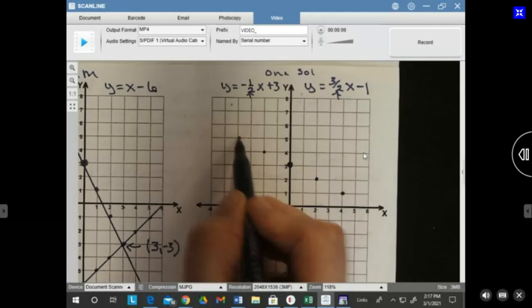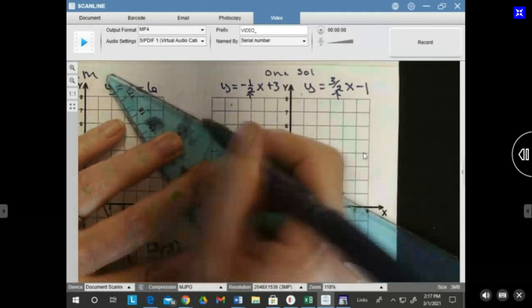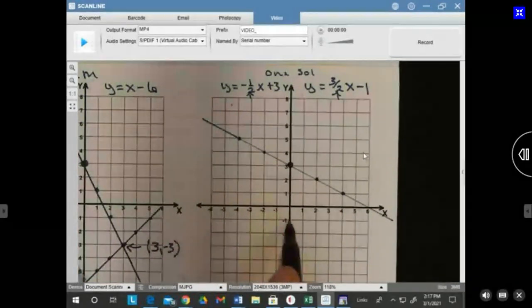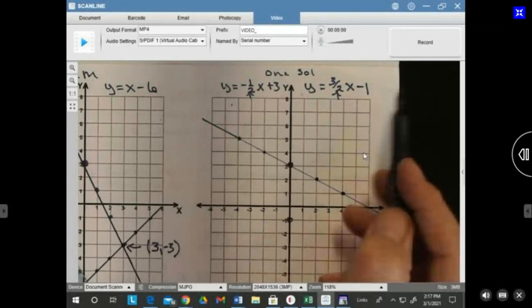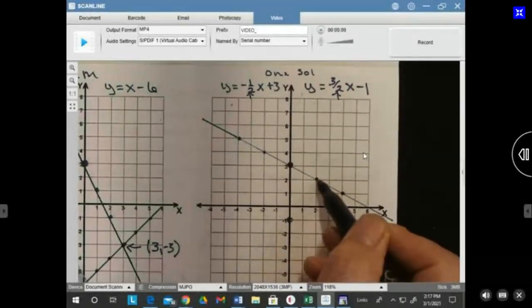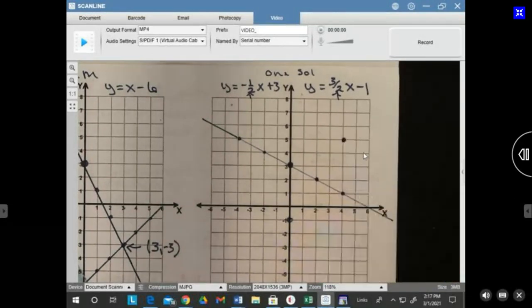Then you started at -1, because that's my starting point. You go up 3. 1, 2, 3.